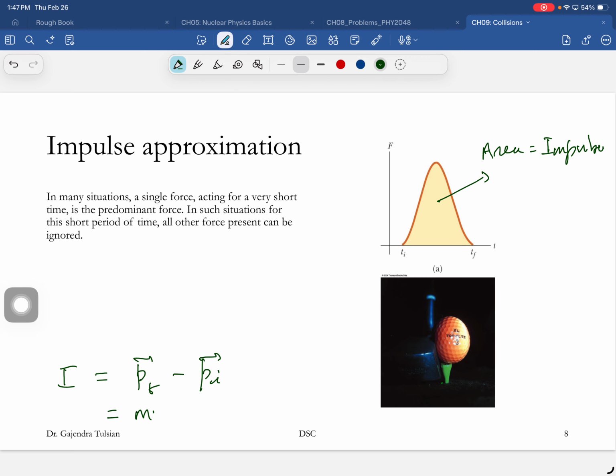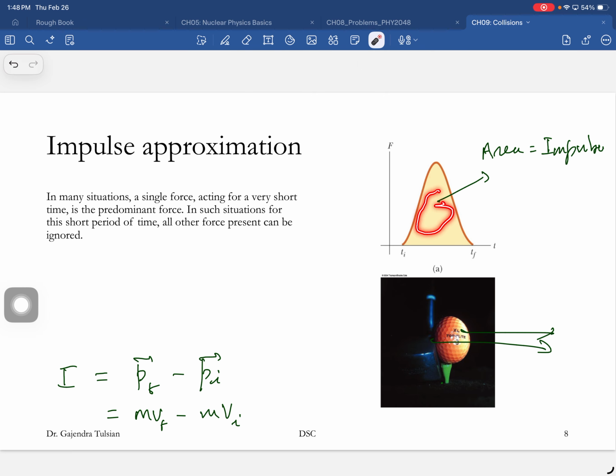So, m v final minus m v initial, and I'm not writing the vector signs. If the impulse is in this direction, that's the direction in which the velocity of the object will be. Now you can see the difference between, let's say, a professional golfer and somebody like me.